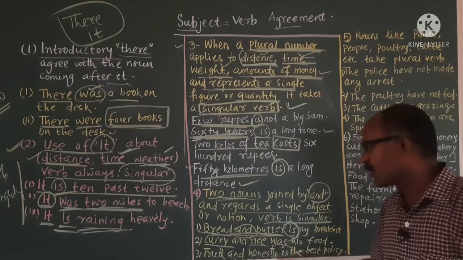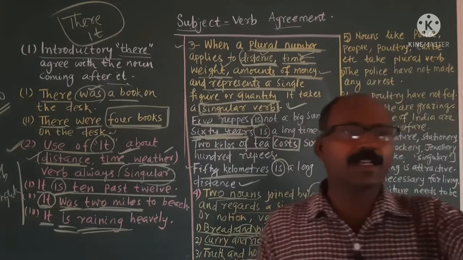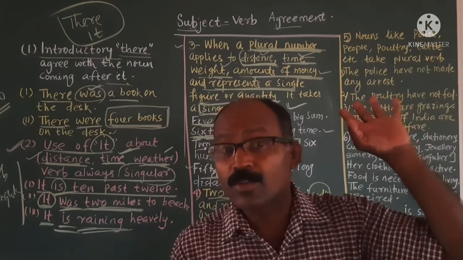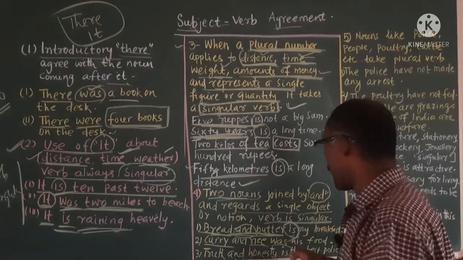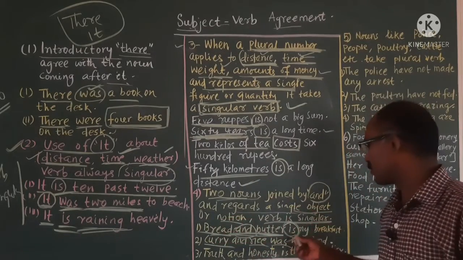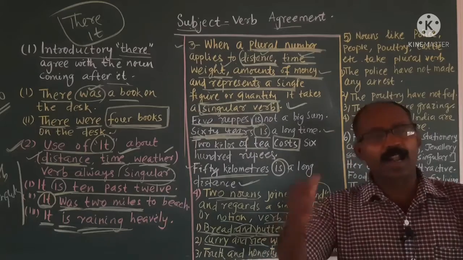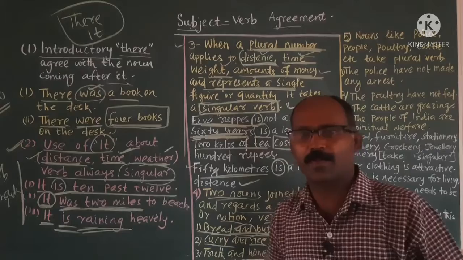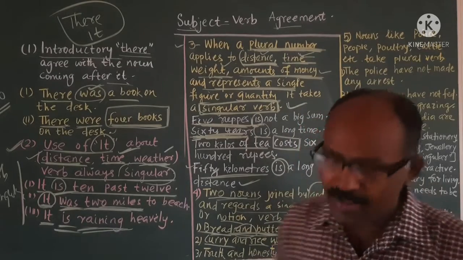But curry and rice indicates one thing, that is food. Food is always one notion, a single object. So it will take singular. So, curry and rice is my favorite food. Curry and rice was my favorite food. Not were, not are. Okay. Then come to here.